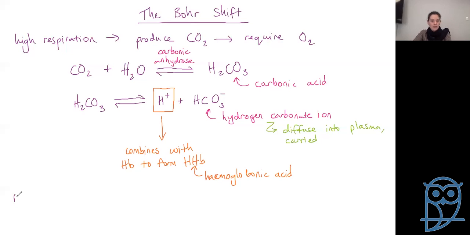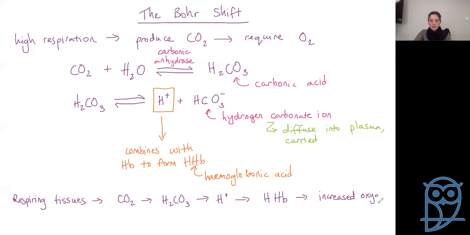So we have respiring tissues. So then we have carbon dioxide, we have carbonic acid, we have hydrogen ions, we have hemoglobinic acid, and therefore we have increased oxygen released.